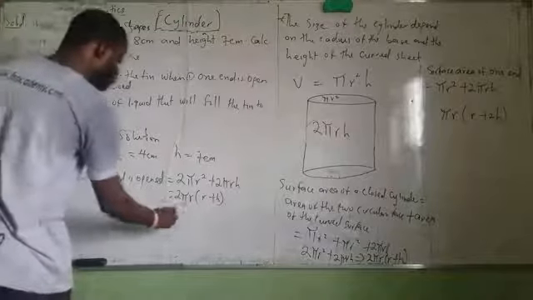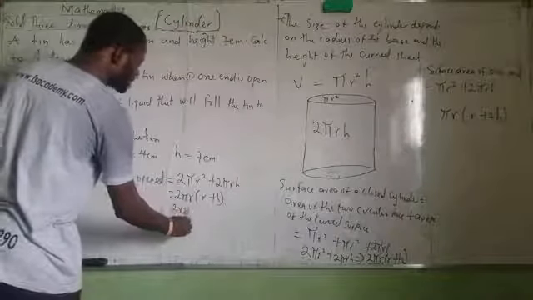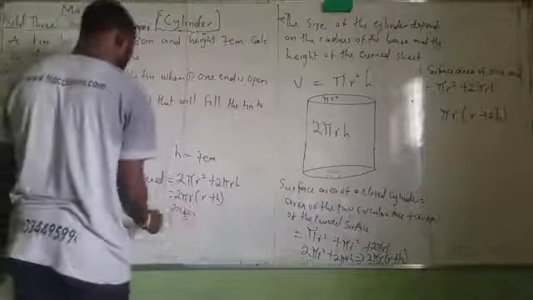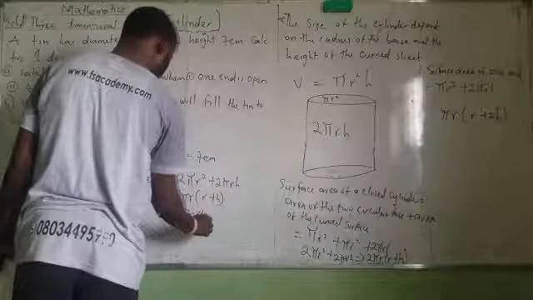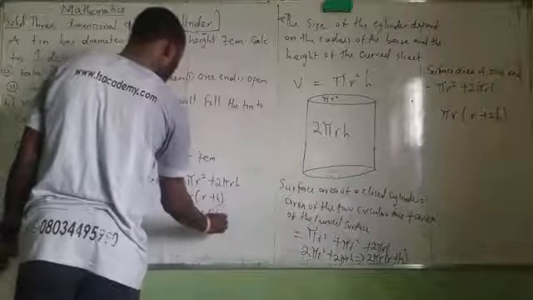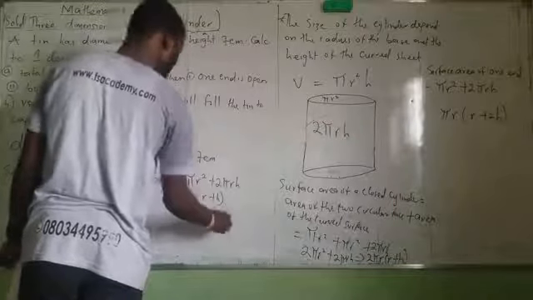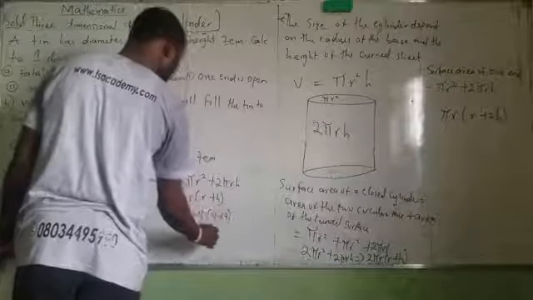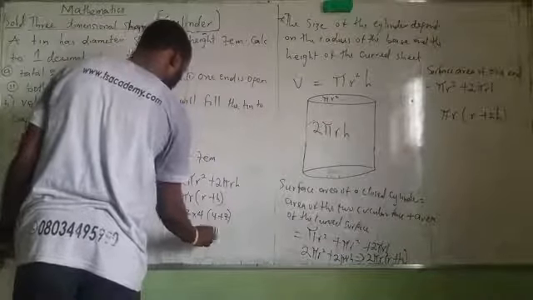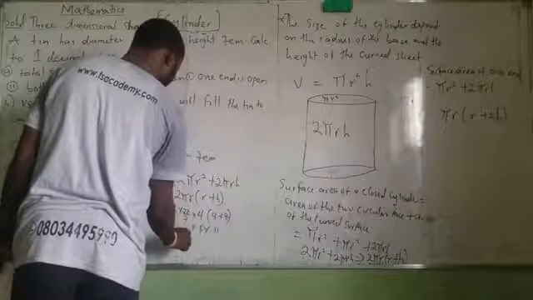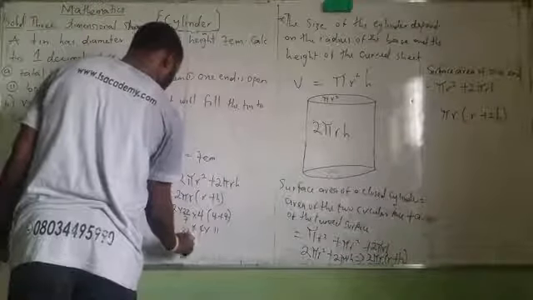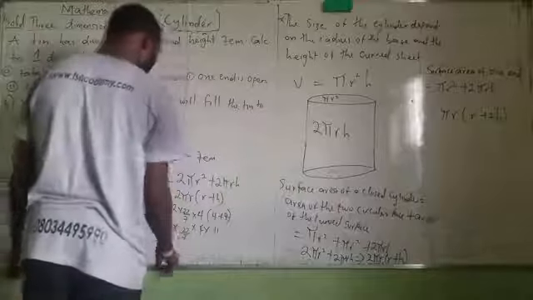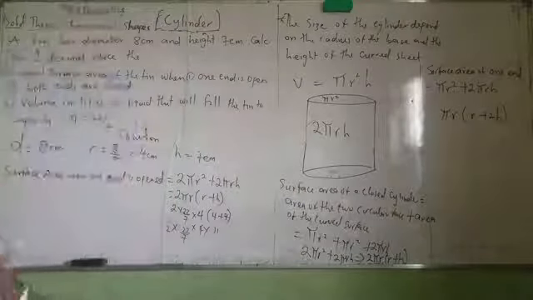I have 2 multiplied by 22 all over 7 multiplied by, what is my r? My r is 4, bracket of 4 plus height 7, which is 11, multiplied by 4 multiplied by 22 all over 7 multiplied by 2. I cannot cut anything here.